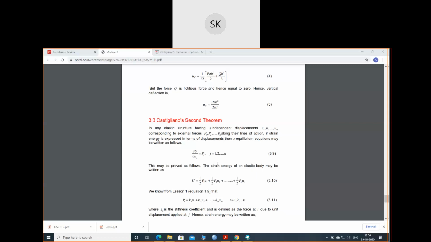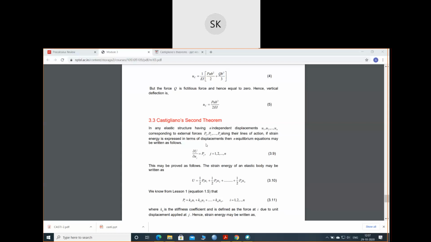The first theorem says that when you take the partial derivative of your strain energy with respect to load, you will get the deflection. But as per the second theorem, we can find the deflection with independent displacements corresponding to external force along the line of action if strain energy is expressed in terms of displacement.